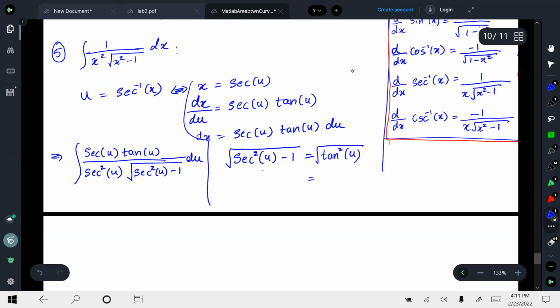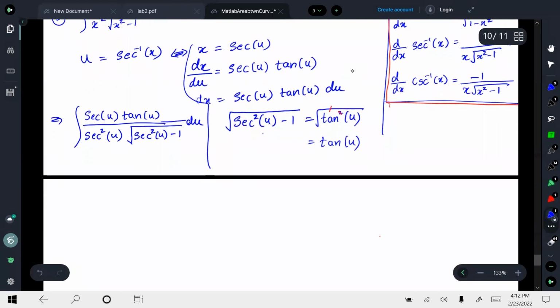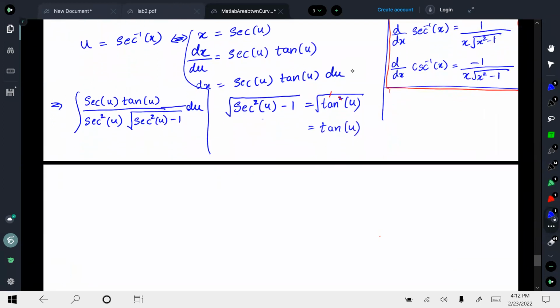Then this is to the power of 2, and this is the half or the square root. These two get cancelled. Then the leftover is tan of u.